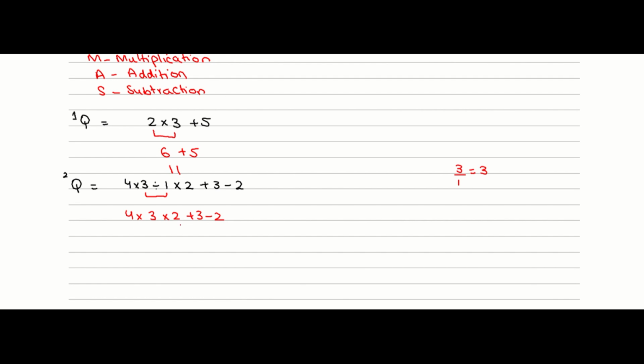So first you can multiply 4 times 3, which gives you 12, and then you have 12 times 2 plus 3 minus 2. We can also multiply them together like 4 times 3 times 2, but it's better, because we are solving it for the first time, to solve two at a time and then move to the next. 12 times 2 gives you 24.